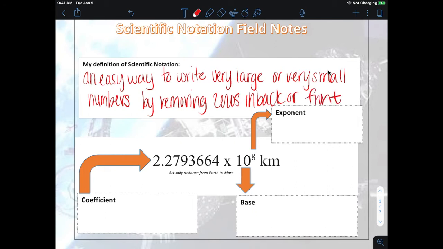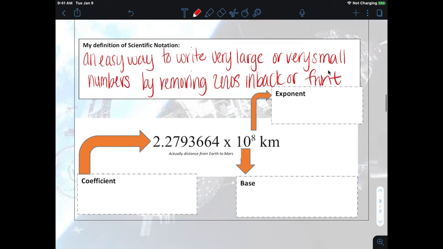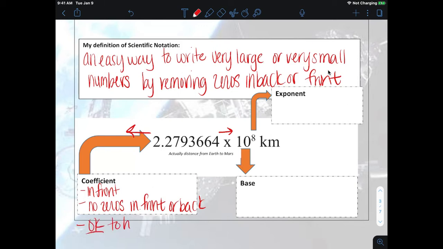So let's look at the parts of a scientific notation. First of all, we have our coefficient, the number that's in front. It has no zeros in front or back, but it's okay to have zeros inside. Our base is always 10, always.